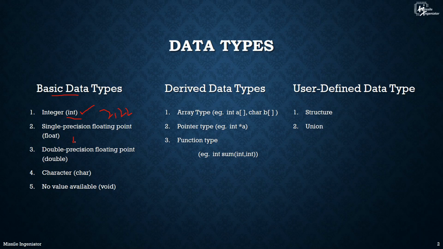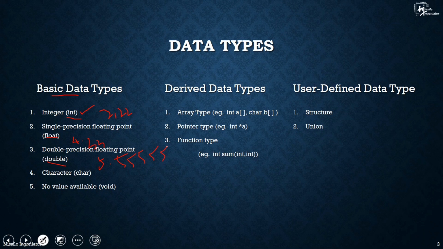If you want to store a value like 4.33, you can use the float type. If you want more decimal places, you can go for a double, which can store values like 5.5555. So to hold multiple decimal places, you can use double.